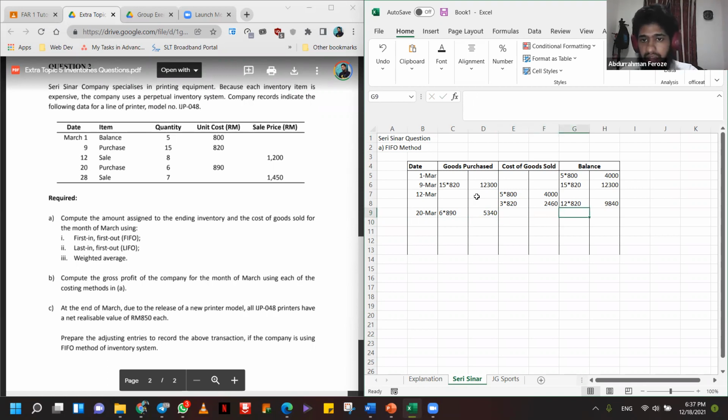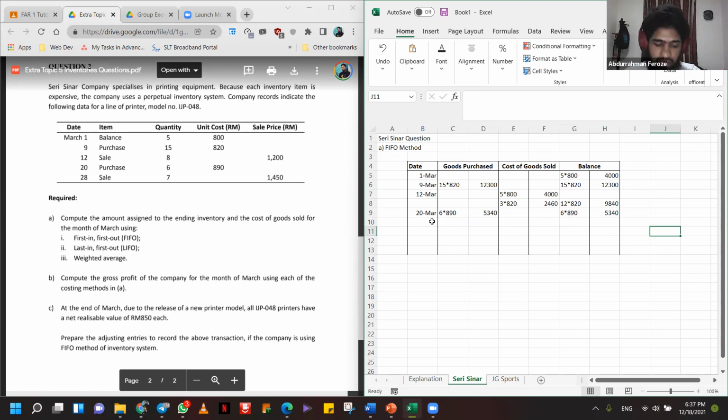Now the ending balance we just add that to the existing balance. So the ending balance at 28th March is the sum of these two.